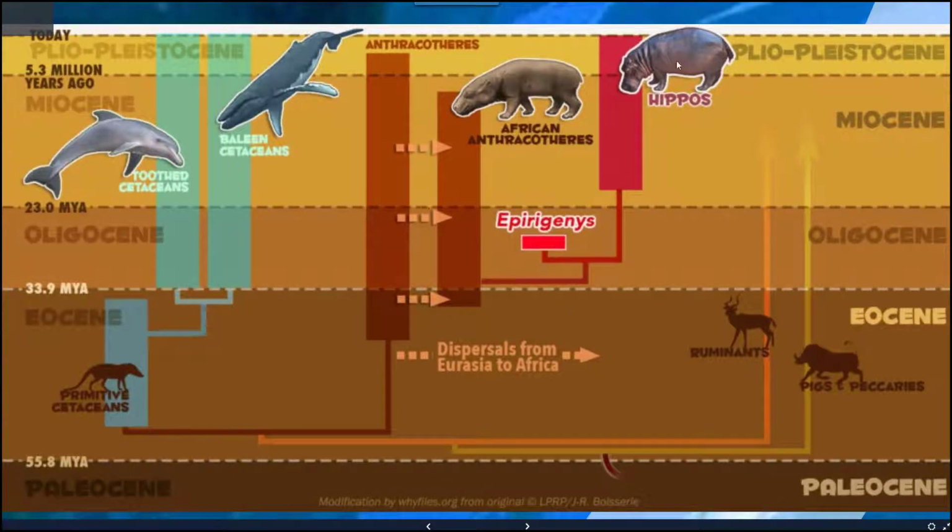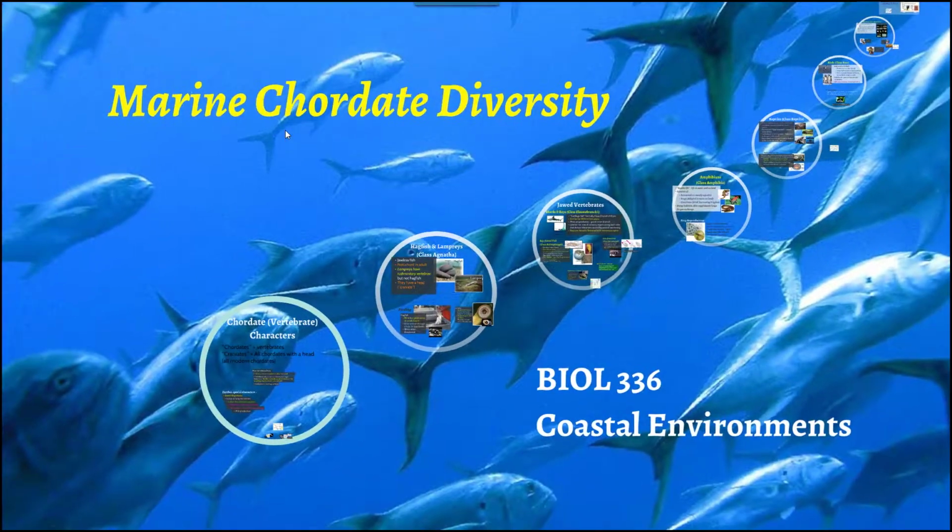So somewhere along the line a terrestrial mammal went back to the sea, and that primitive cetacean spent a majority of its time in or near the marine environment, and eventually that gave rise, about 33 million years ago or so, to ultimately the toothed whales and the baleen whales. And that's just a little bit about marine chordates.